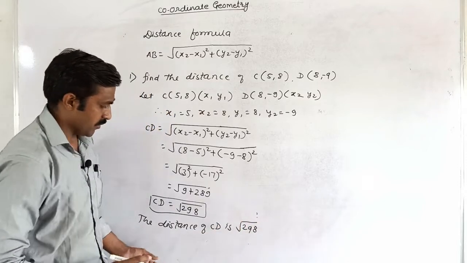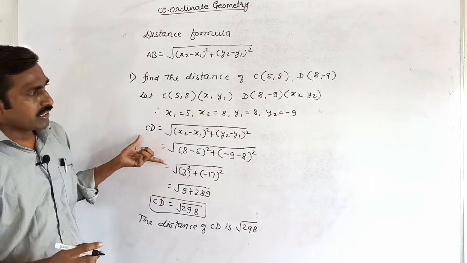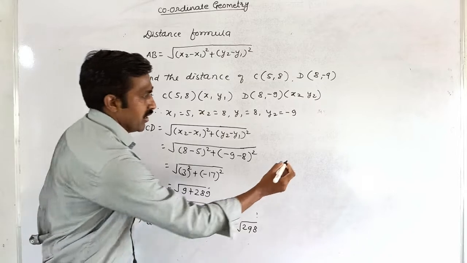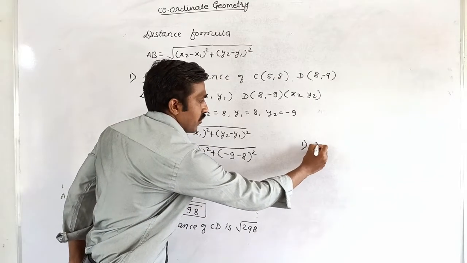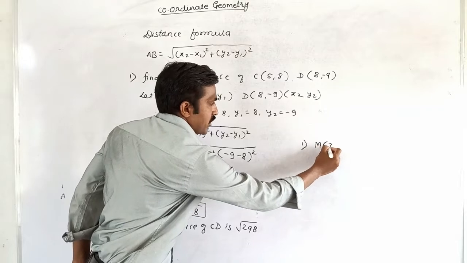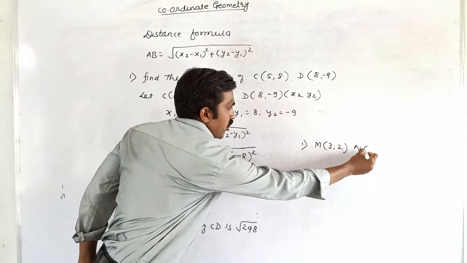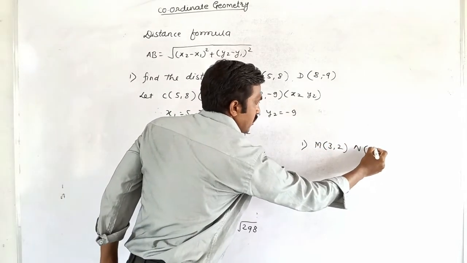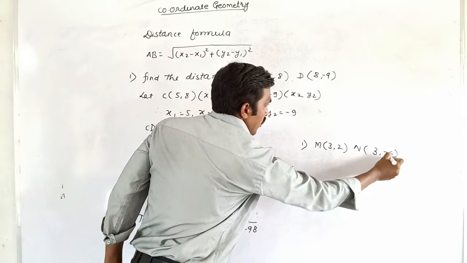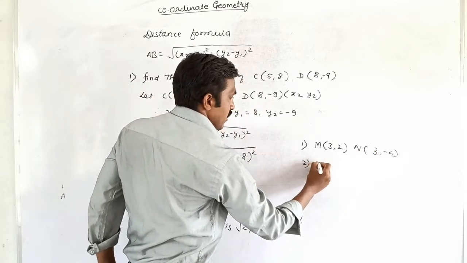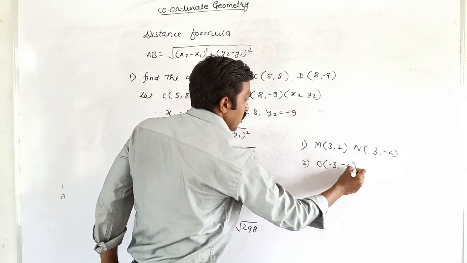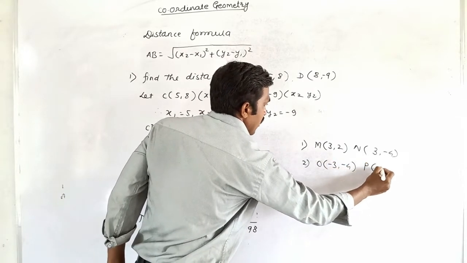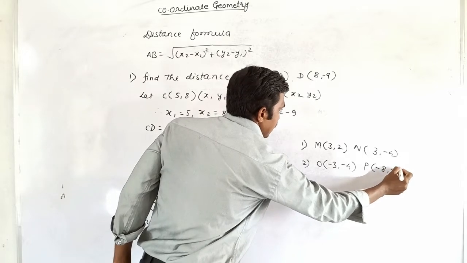In this way, for example, find the distance of M (3, 2) and N (3, minus 4). Second example, O is the point (minus 3, minus 4) and P is the point (minus 8, minus 3).